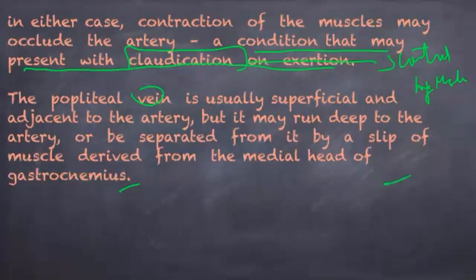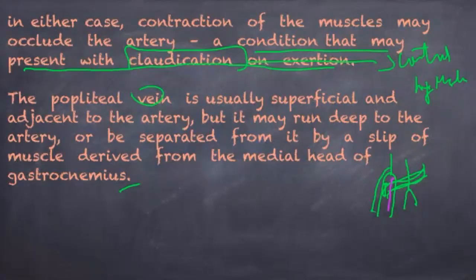That means sometimes the artery usually bifurcates at the distal end of popliteus, right? But the variation is that sometimes it may bifurcate at the proximal end. And sometimes the fibular artery directly arises from the popliteal artery. If the bifurcation is at the proximal part, usually there is a fibular artery coming from the anterior tibial artery, right?